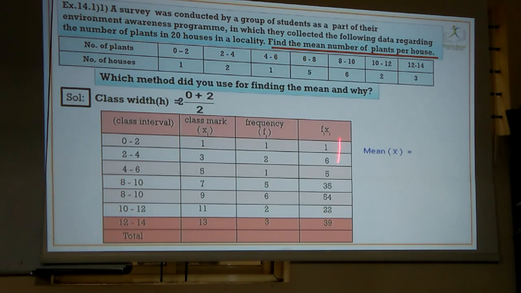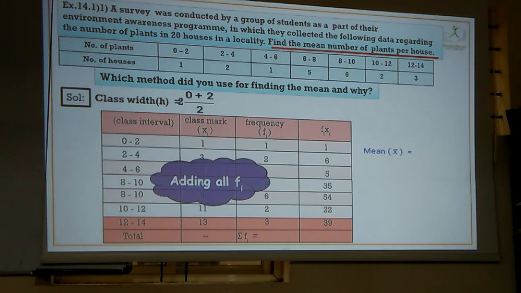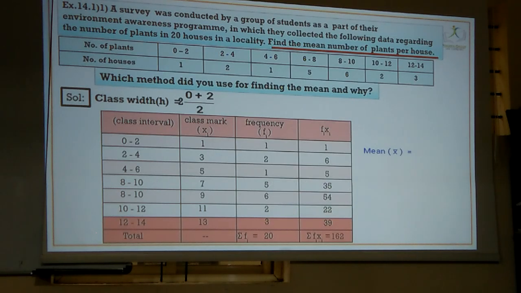Do the summation of the frequency. Add all frequency, add all Fi Xi. Then we find out mean. Listen. You have added these. Then mean is given by sum of this divided by this.